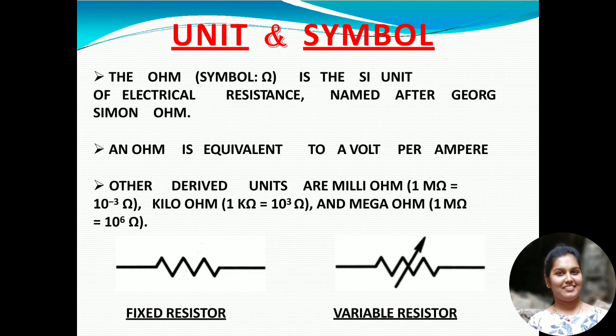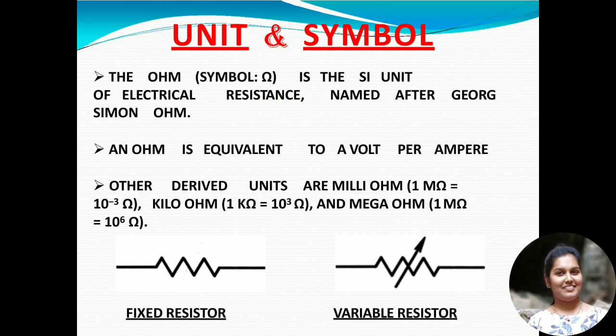Coming to the unit and symbol, the SI unit of electrical resistance is named after the scientist Georg Simon Ohm. So the unit for resistance is the ohm, and the symbol is this inverted U kind of thing. This is the symbol of resistance.